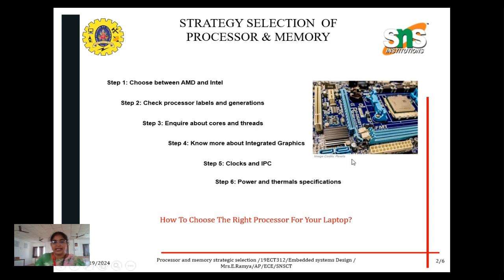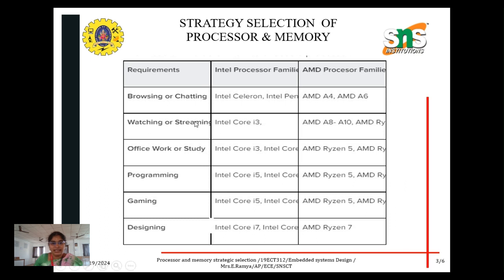Next, here we have a table. In the first column we have the requirements, then Intel processor families and AMD processor families. Here we can compare the Intel and AMD processor families based on the customer requirement. Suppose the customer requirement is only browsing and chatting, they can choose an Intel Celeron or Intel Pentium processor.